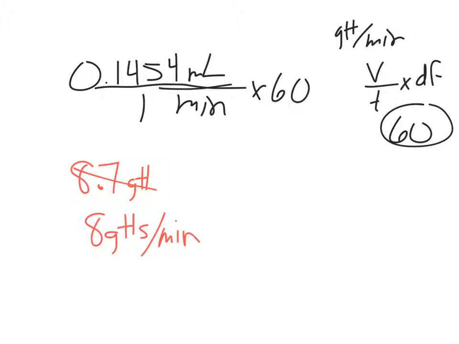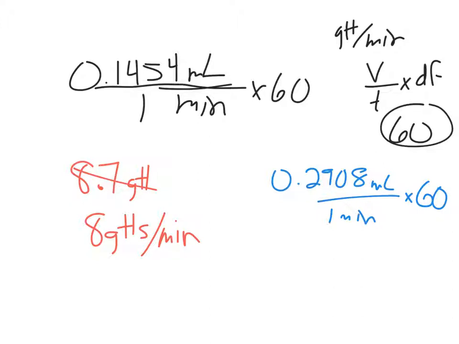The second one was 0.2908 milliliters per 1 minute multiplied by my drop factor of 60. Your drop factor is 60 drops per milliliter.